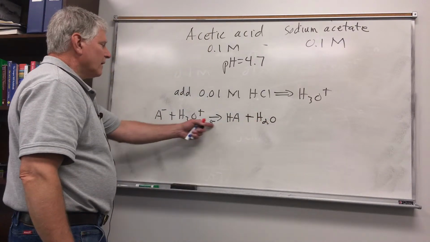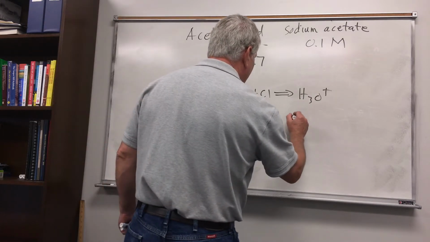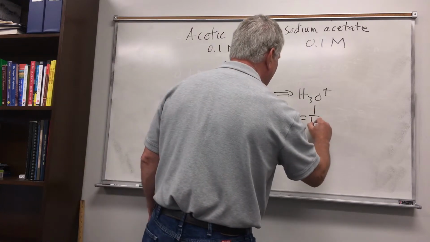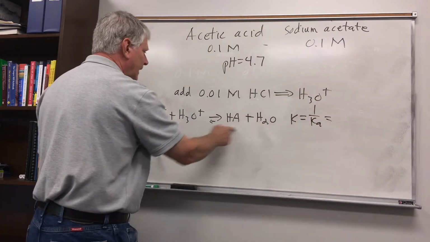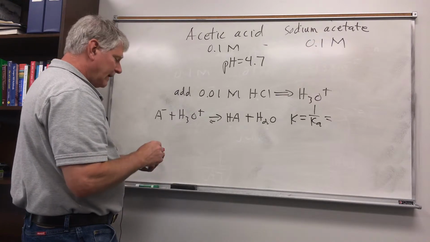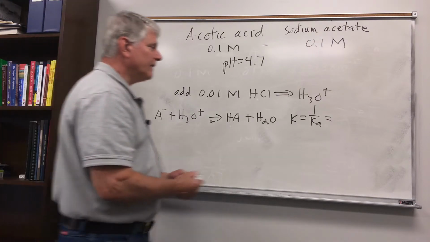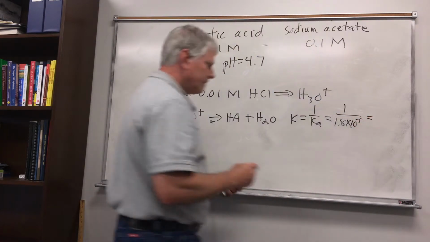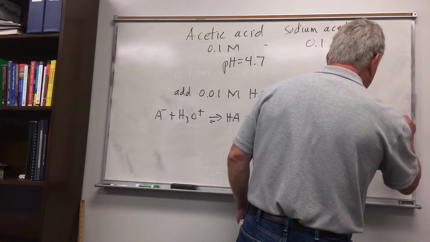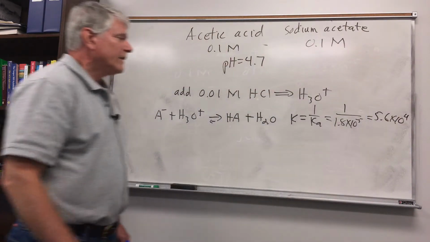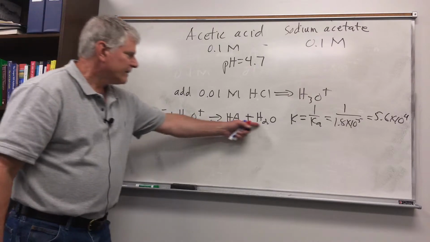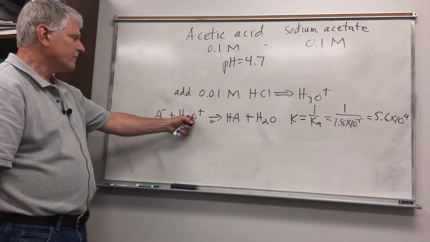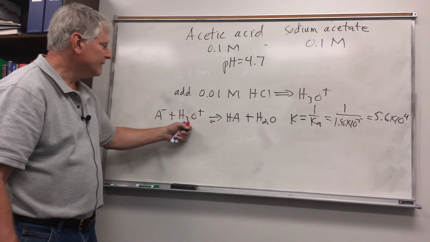And this equilibrium constant is fairly large because, as we saw before, this equilibrium constant is just 1 over Ka. This is just the Ka reaction written in reverse. And Ka is 1.8 times 10 to the minus fifth. So this is 5.6 times 10 to the fourth. So that's a fairly large equilibrium constant. So this reaction lies heavily on products. So basically all of the H3O plus is consumed in this reaction.